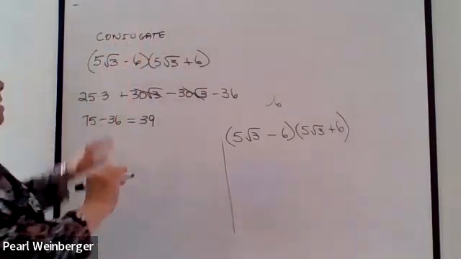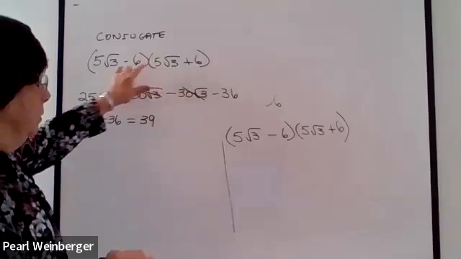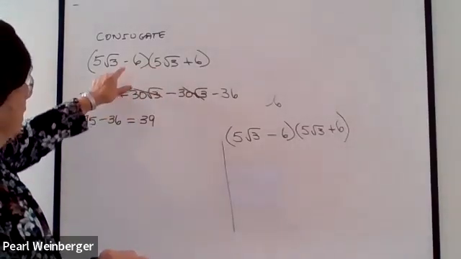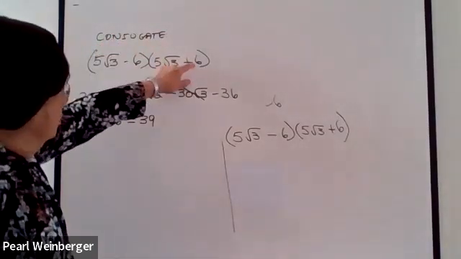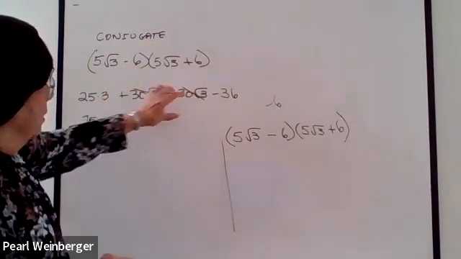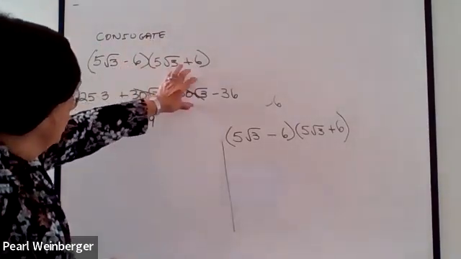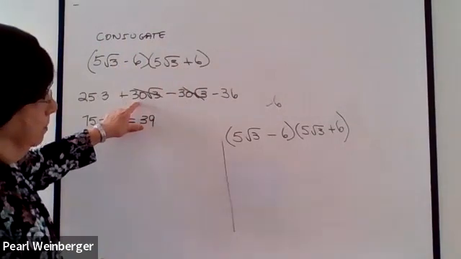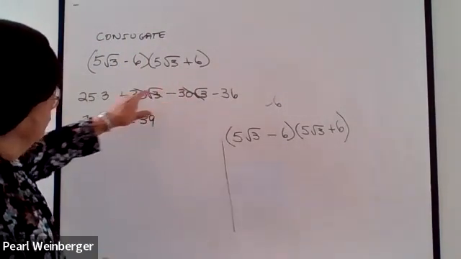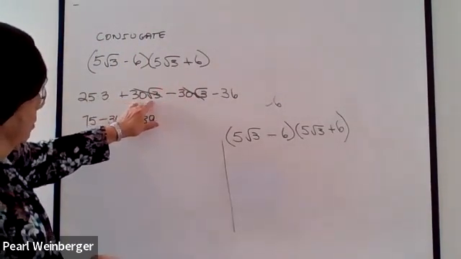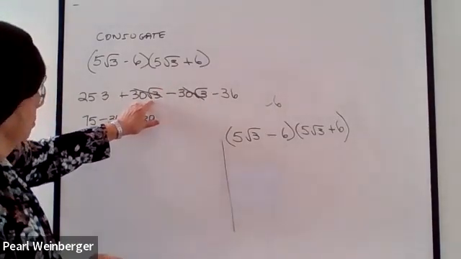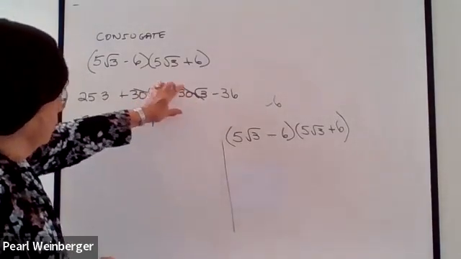When we multiply conjugate binomials, it turns out that the outer and the inner are going to turn out to be exactly the same, except one's going to be a positive and one's going to be a negative, just like we got over here. Positive 30 radical 3 and minus 30 radical 3.